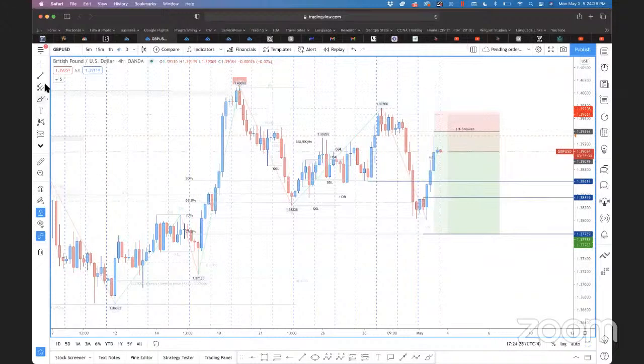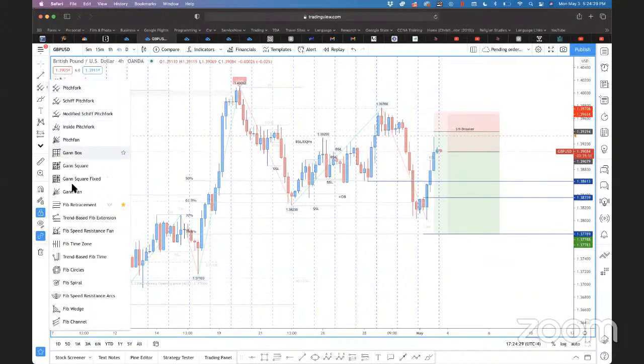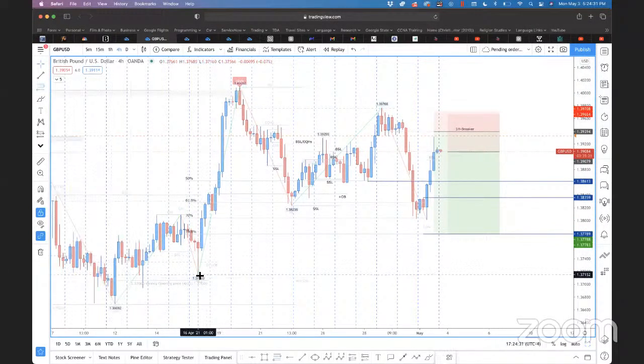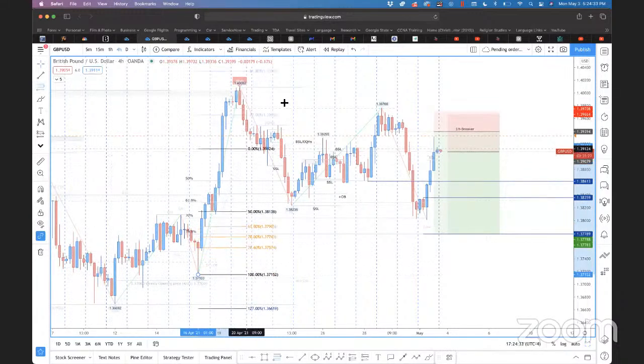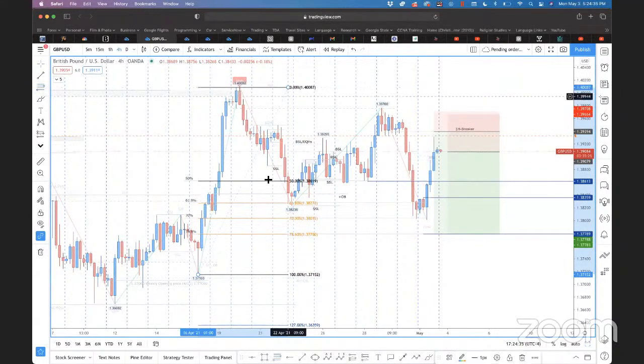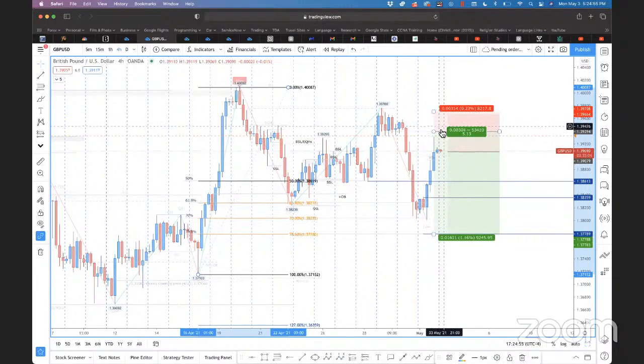And if I put my fibs on, you'll see, boom, right here, order block, trade entry right here, price moves up, right? And you're trying to get to this level right here. It comes back again. Where does it trade back down to? 618. Another order block, pushes it back up to the upside, right?